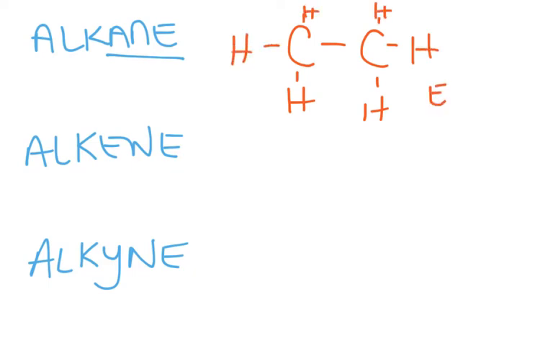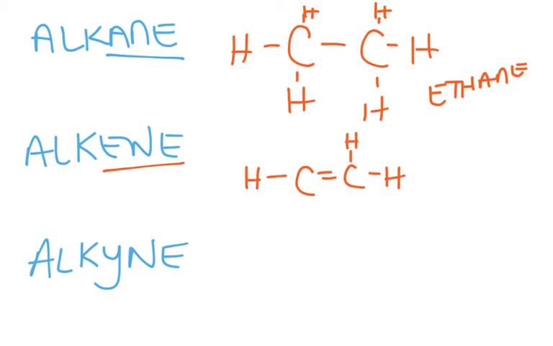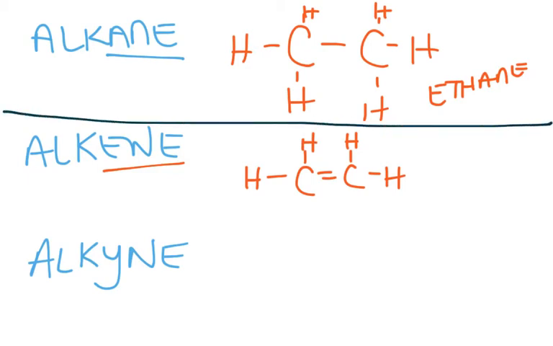This is actually a 2-carbon one, so it is what I call ethane. An alkene has a double bond in it. So this time, I'll have carbon double bonded to carbon, and I can't hold nearly as many hydrogens. Because it's a slightly different molecule, it's not ethane anymore. This time we call this one ethene.